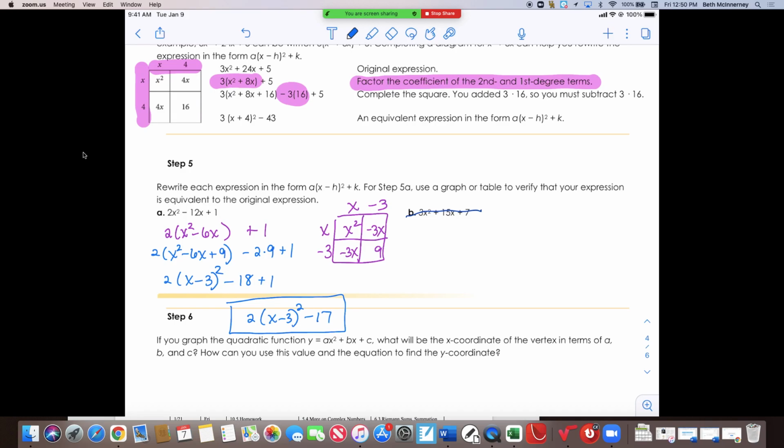Great question. That's an awesome question. Actually, I think that's similar to Bella's question. Do you see here that I have 2 times x squared minus 6x plus 1, and that's equal to this line above, right? Now, when I added the 9 inside, it really was 2 times 9, so I'm adding 18.